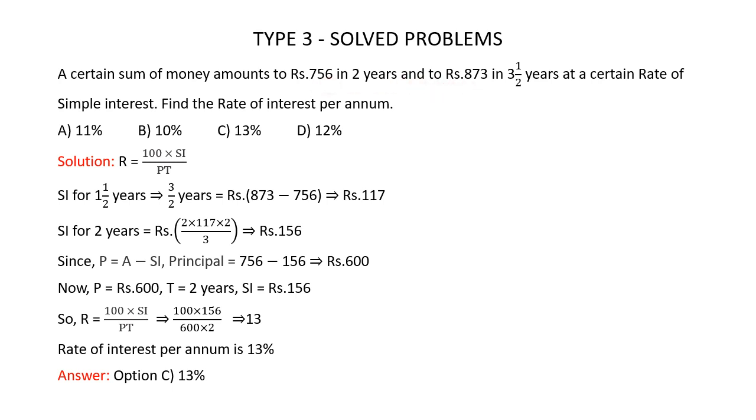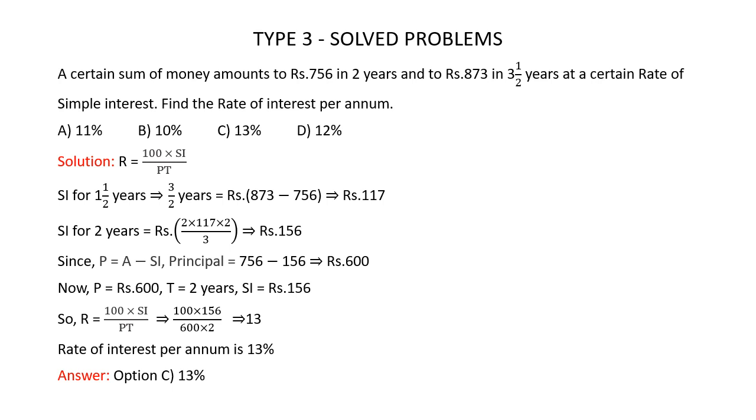Now, since this is a case of simple interest, it means that the principal is the same for both these cases. So the difference in the amount in these two cases has to be because the simple interest for 3.5 years is different from the simple interest for 2 years.